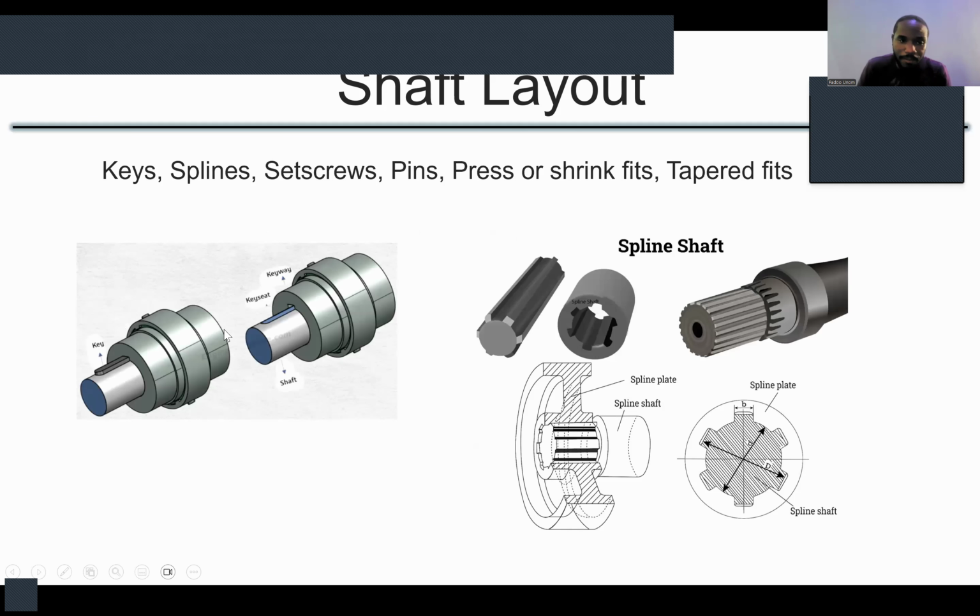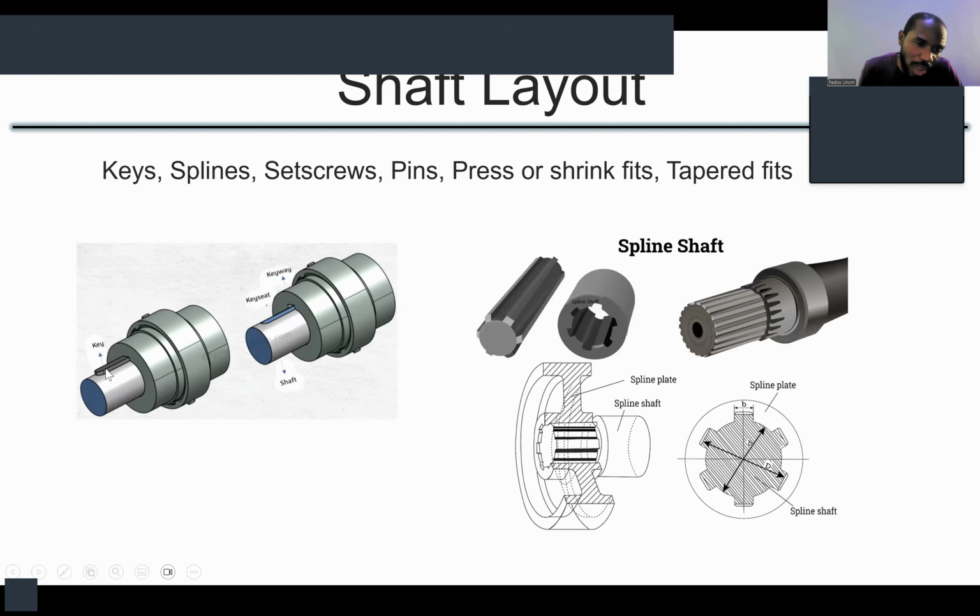So the first image I have here gives us an example of a key. All right, so you see the shaft. There is usually a groove in the shaft, and then there is a keyway, an opening in whatever it is you are fitting your shaft to, right?